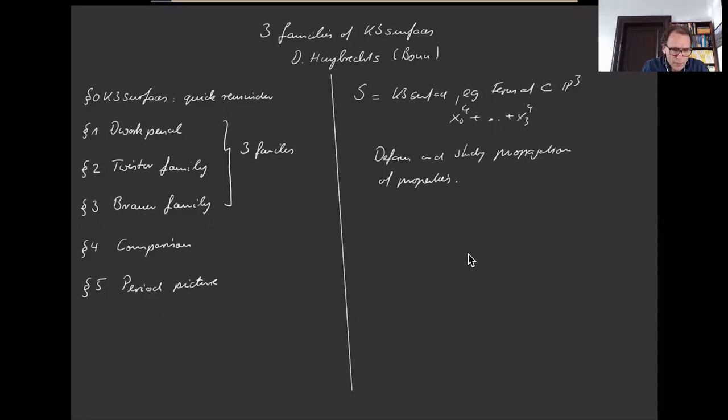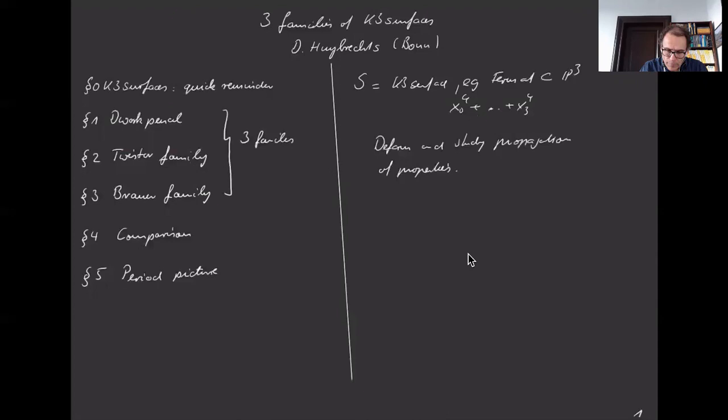Eventually, I'd like to use this to understand a phenomenon that I observed last year, how certain algebraic cycles and arithmetic properties propagate along the twistor family, and that's why I compare the twistor family with the dwarf pencil and the Brouwer family.